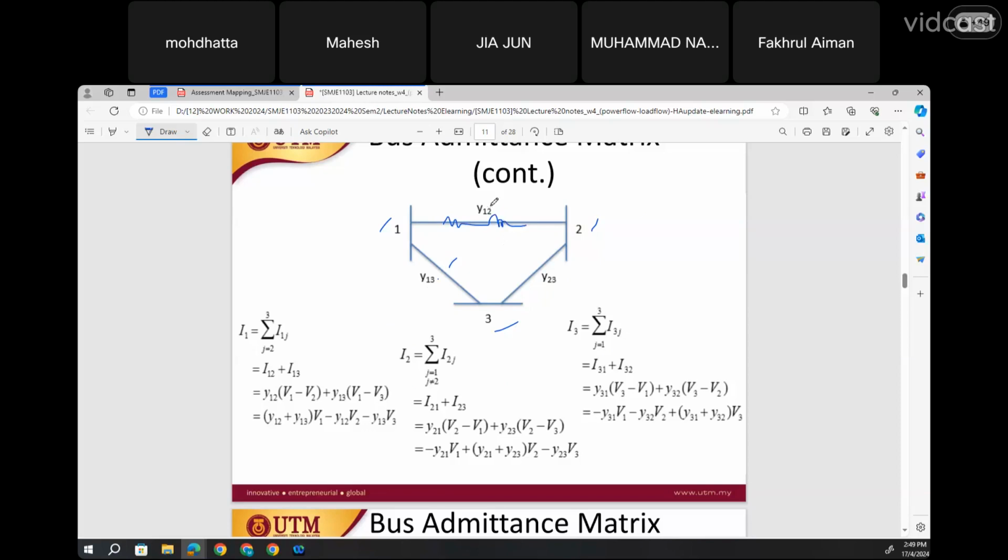And since we have Y, meaning that if this is R and this is X, you need to have 1 over R and also 1 over X in order for you to get the value of your admittance, in this case Y12.